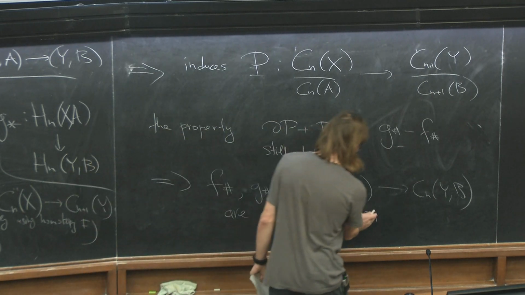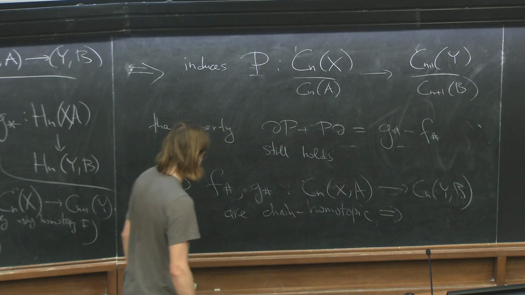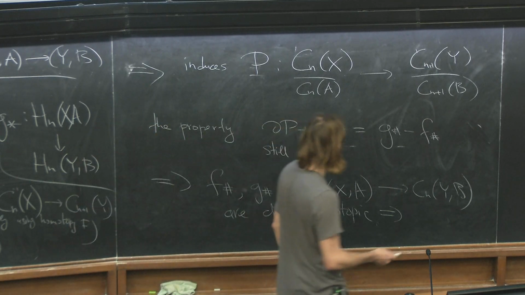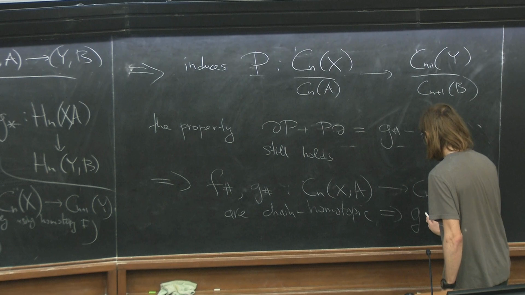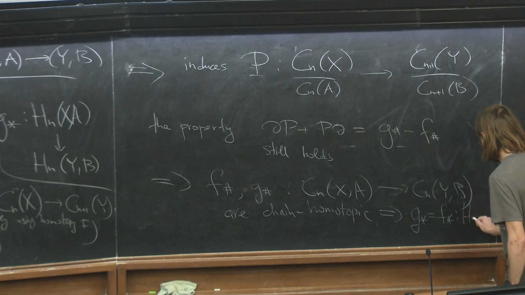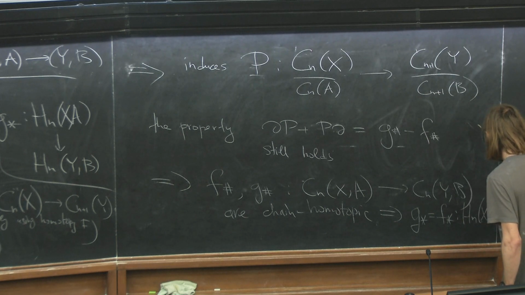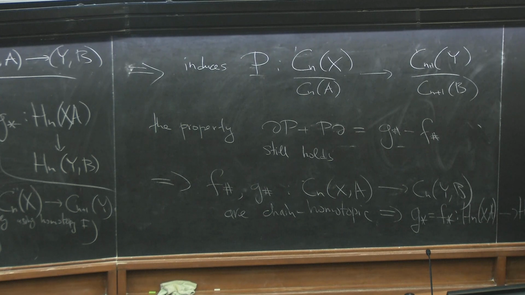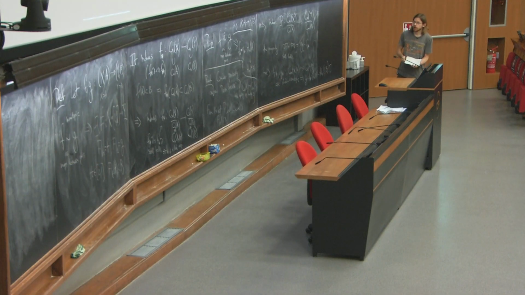And from the general proposition, this immediately implies that the induced maps on the corresponding homology groups are equal. So this concludes the proof of the proposition. Any questions?